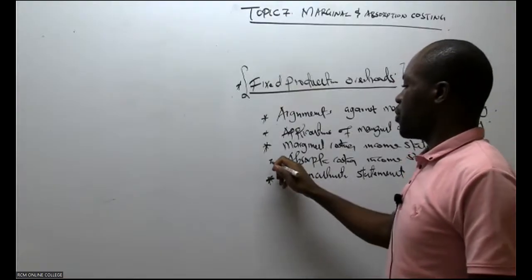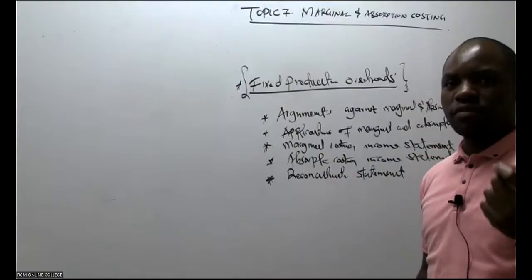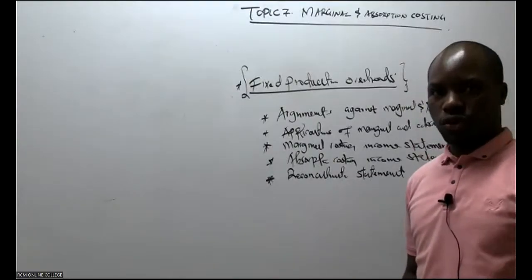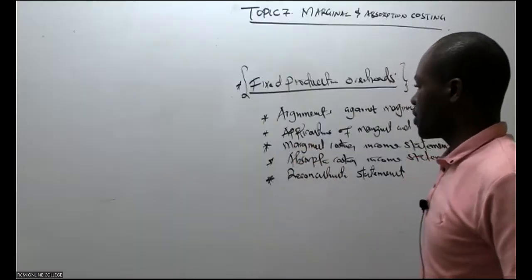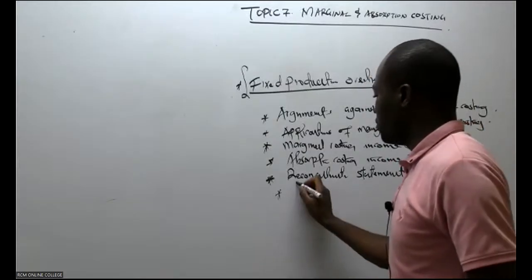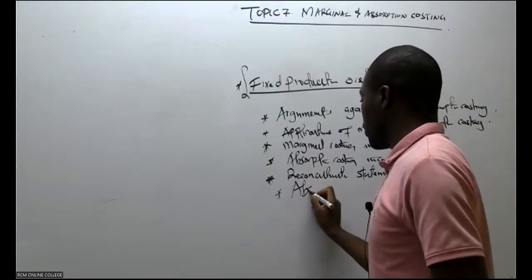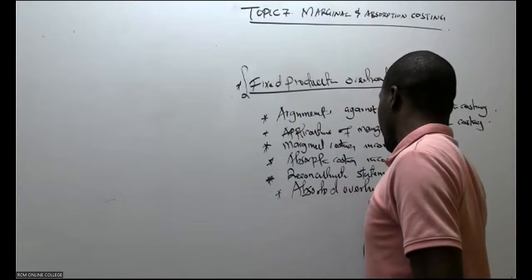You must be able to prepare the income statement as per absorption and marginal costing. Then in the process of preparing the statements, we are going to meet these terms: absorbed overheads.